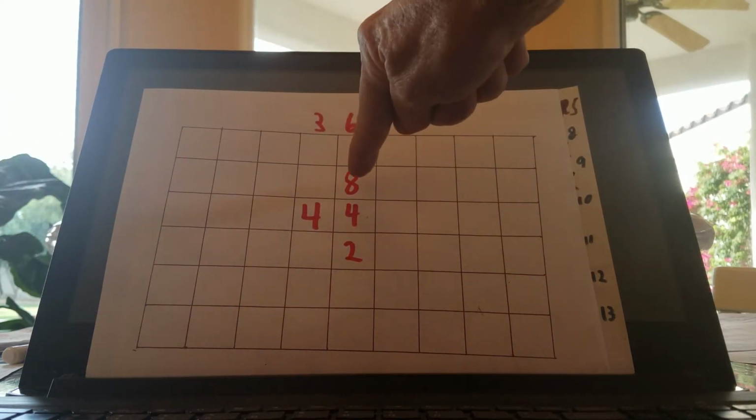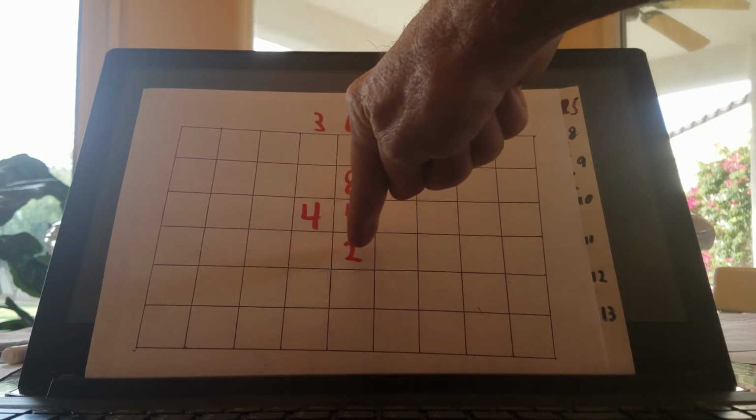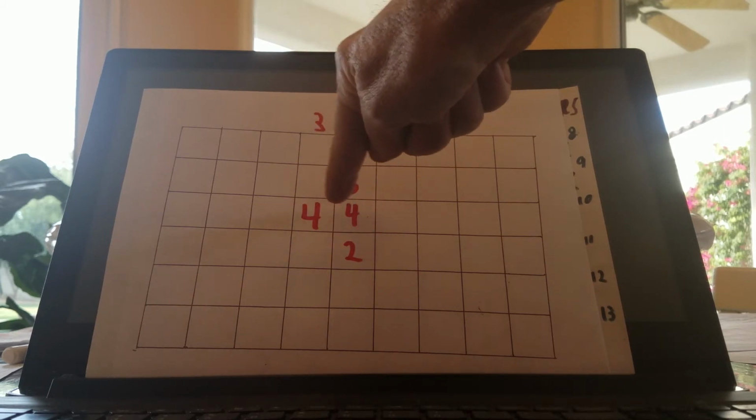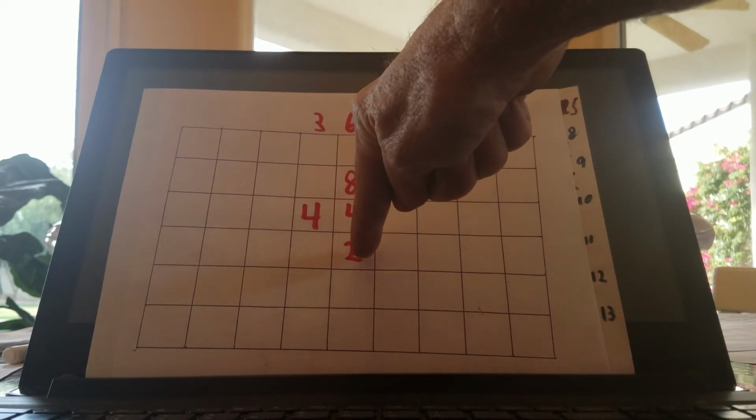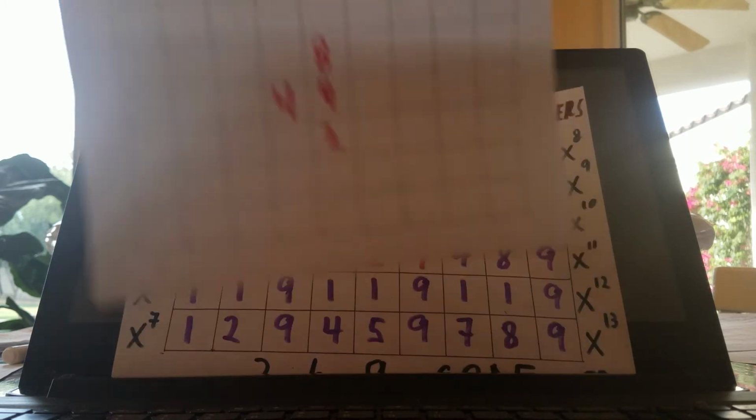And we're getting the 369 code again, because 8 and 4 is 12 is 3, 4 and 2 is 6, and 4 and 4 is 8, and 2 is 10, and 8 is 18, and 1 and 8 is a 9.